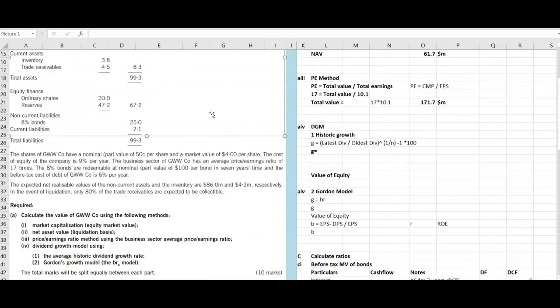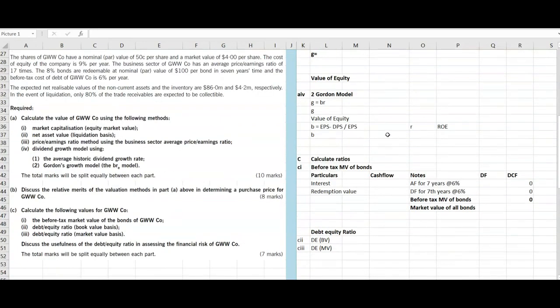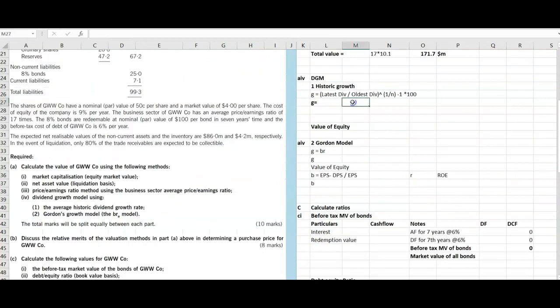So we'll enter. We'll start: 6 divided by 5, close the bracket, to the power of 1 divided by n, which is 3. Again close the bracket. First we'll find out this number right here.